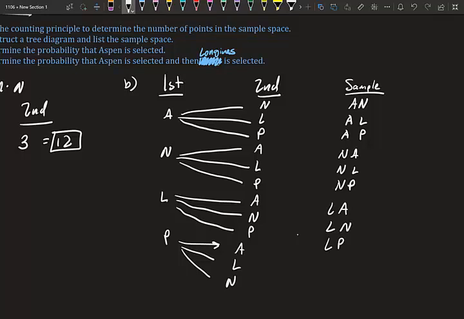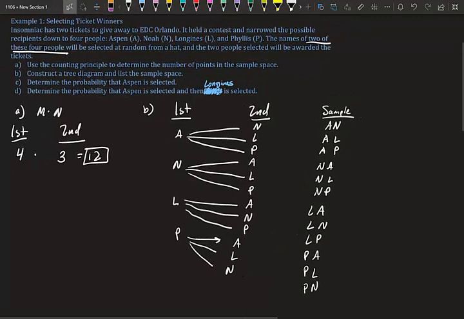If Phyllis is picked, it could be Phyllis Aspen, Phyllis Longinus, or Phyllis Noah. So this is our tree diagram and sample space. These are all of our possible outcomes. You see how we have 12 in the sample space?